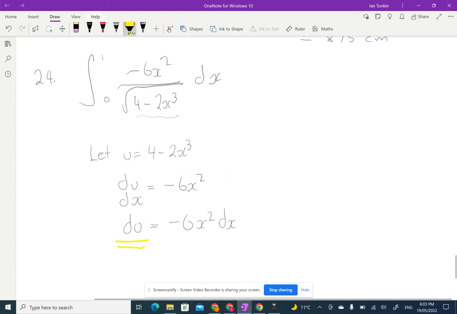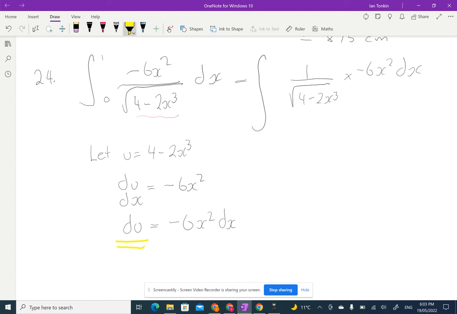And my new integral is going to be, and note, I haven't written any of the parameters. I'm going to leave that and you'll see in a minute. So I'm going to separate this out now. So I'm going to get 1 over the square root of 4 minus 2x cubed times minus 6x squared dx.